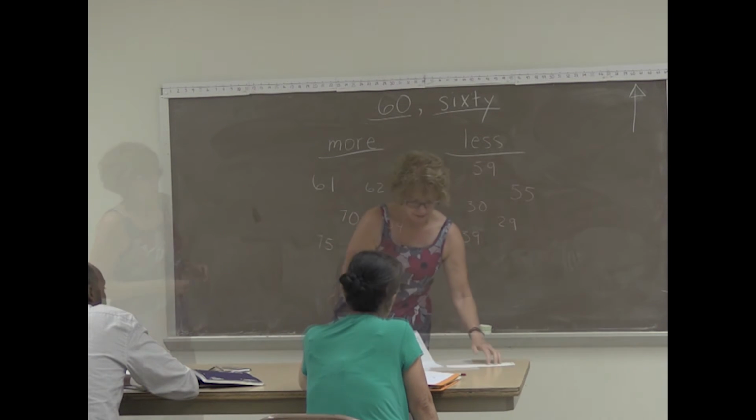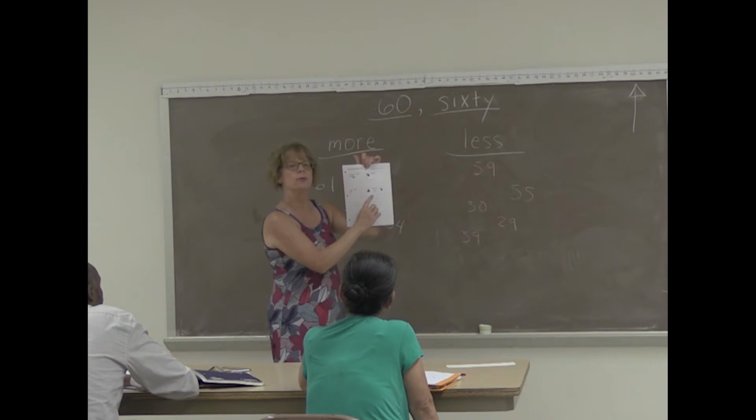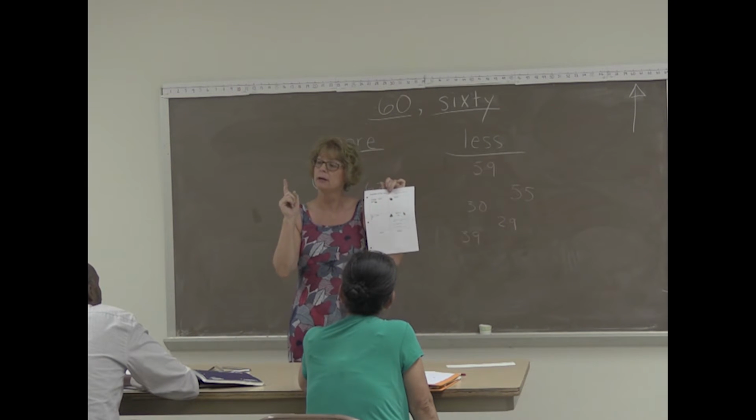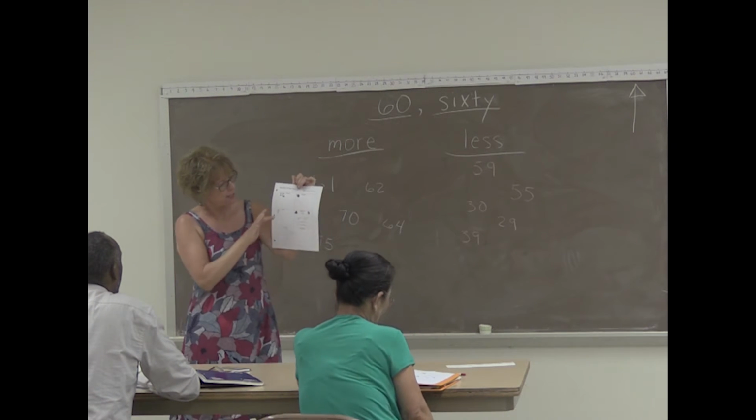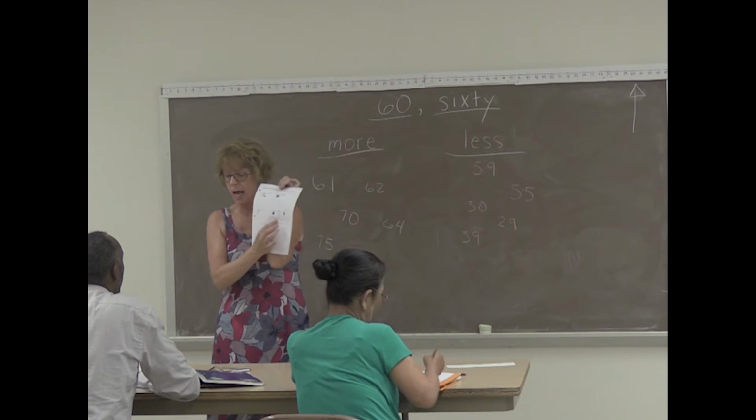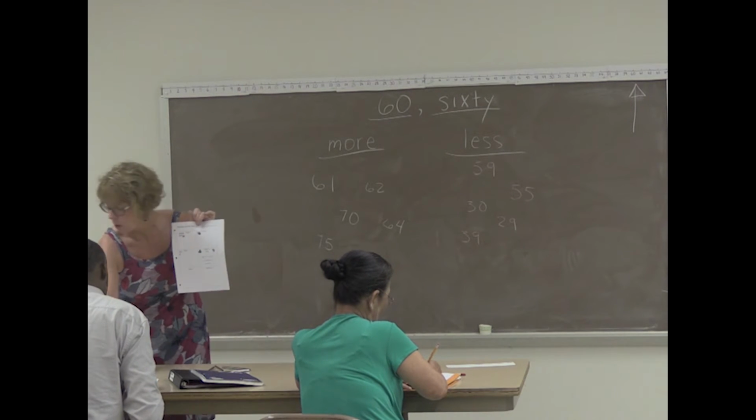On your paper, you will pick one number in your head that is more than 60, and you will write it on the line that says more.